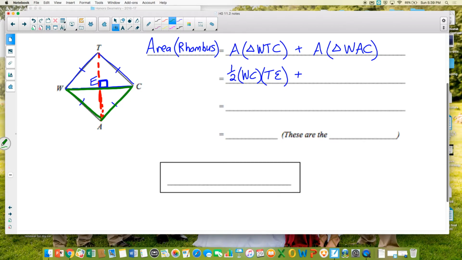Again, it is 1/2 times base times height. And looking at this picture, we have our right angle. So our perpendicular distance is A to E, which means our base is WC. So it's 1/2 of WC times the height, which is EA. So 1/2 of WC times EA.